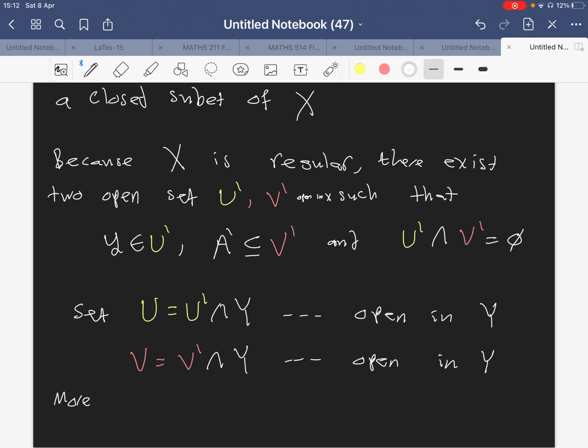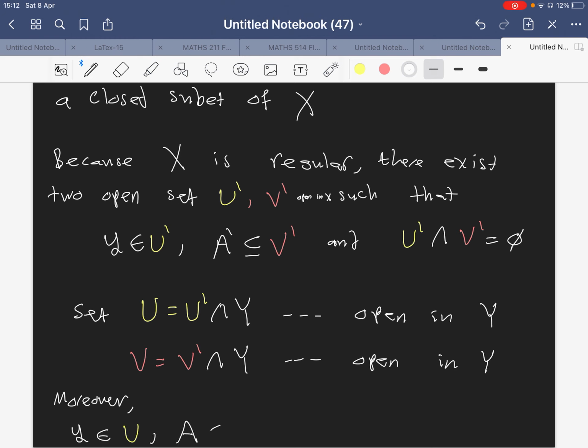Moreover, we have for sure that y belongs to U, and the reason is y belongs to U dash, and also y belongs to capital Y, so of course it's in the intersection.